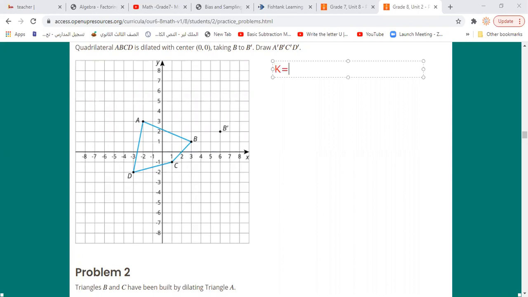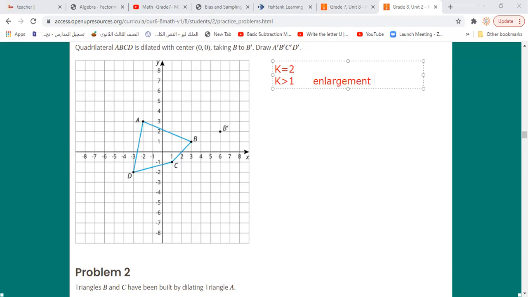So K equals 2, right? And in this case, K will be more than what? More than 1. So we are going to stretch, an enlargement, which means the image will be larger than the pre-image.